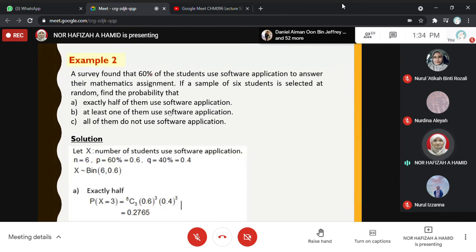First you must state what X is, your random variable, same as chapter 7. X now refers to the number of students who use the software application. Your probability of 60% refers to your X. So P is 60% or 0.6 and Q is 0.4.